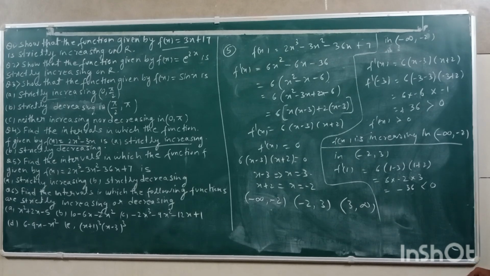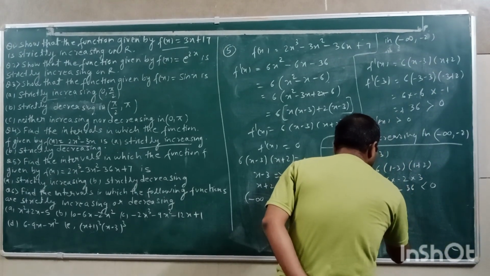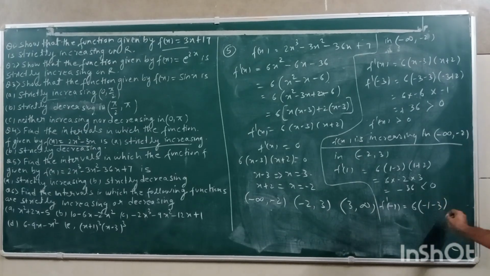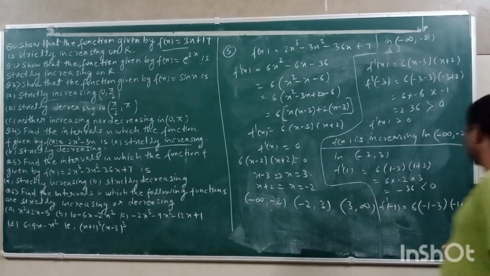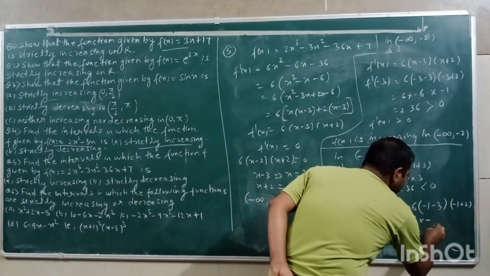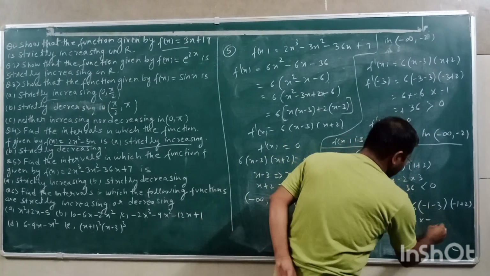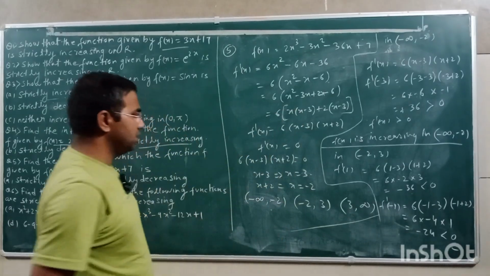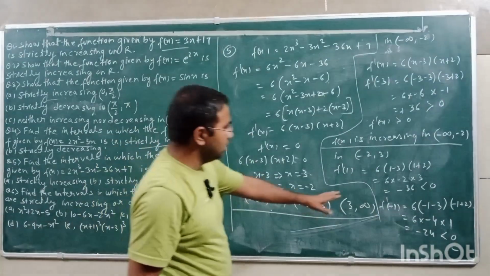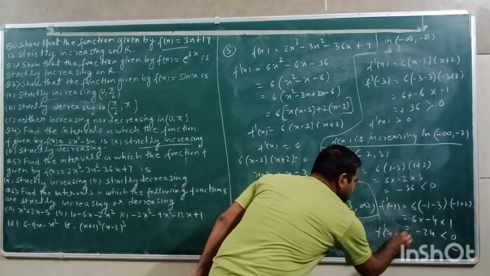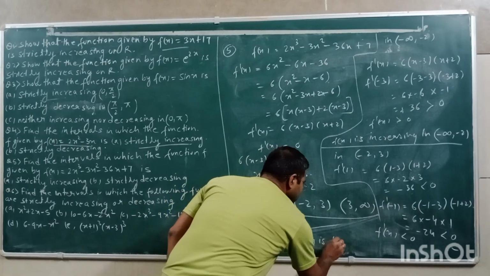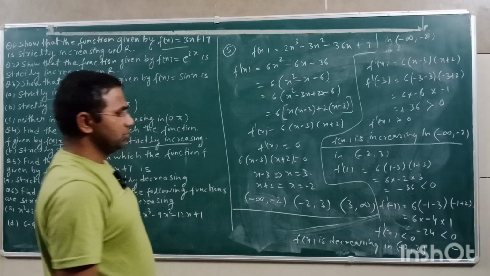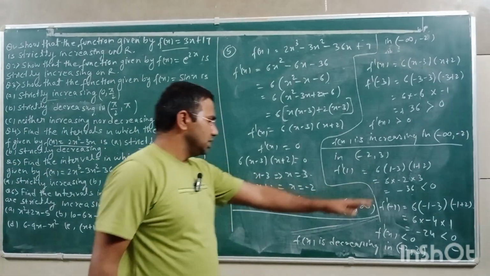And if you put, suppose, f'(−1): 6 into (−1 − 3) and (−1 + 2), so 6 into −4 into 1, so −24 is coming, less than 0. It means in this interval f'(x) is less than 0. Then you will write f(x) is decreasing in the interval −2 to 3.